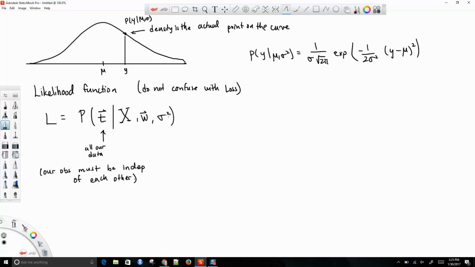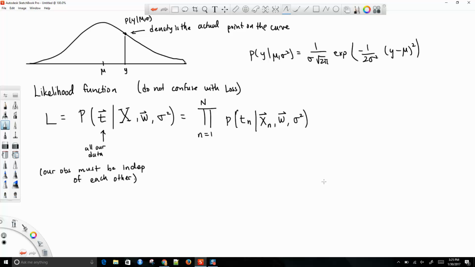Okay, so this is what we have here. If all of our values are independent of each other, then the total likelihood of the entire data set is the product of each probability multiplied together, right? The probability of each observation is given by our density function, given that particular value of x, the parameters w, and our sigma squared here.